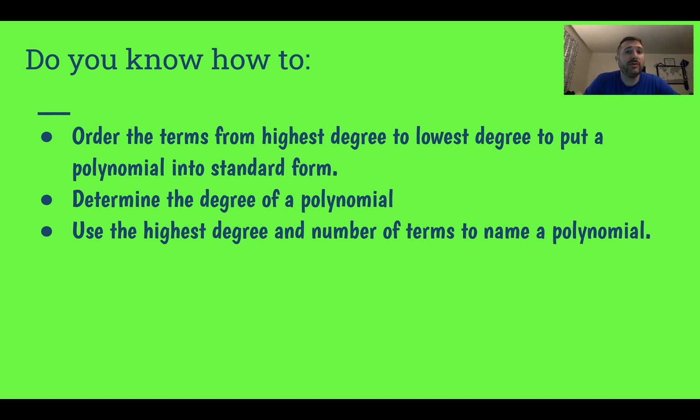And can you use the highest degree and the number of terms to name a polynomial? If you're not sure about any of these things, go back and look at the definitions and some of the examples to help deepen your understanding of this concept. And that's the end of Lesson 1 on naming and ordering polynomials.